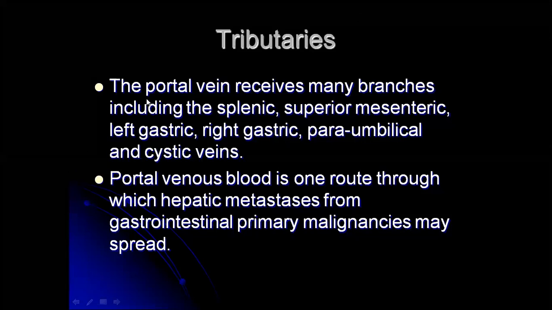As we have seen, the portal vein receives many branches, including splenic, superior mesenteric, left gastric, right gastric, paraumbilical, and cystic veins. Portal venous blood is one route through which hepatic metastasis, that is the spread of cancer from gastrointestinal tract primary malignancies, may occur. That means cancers can spread from one route to another.